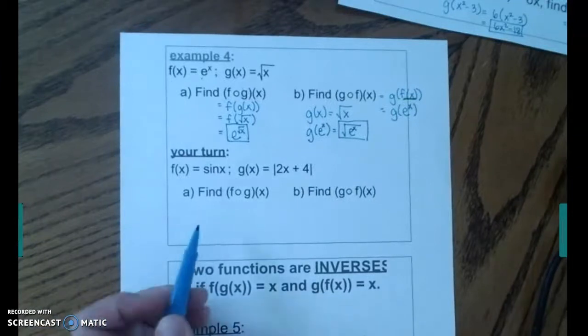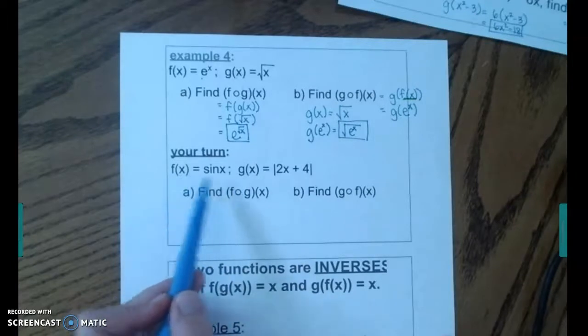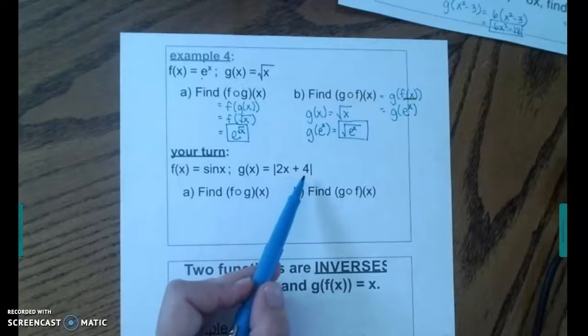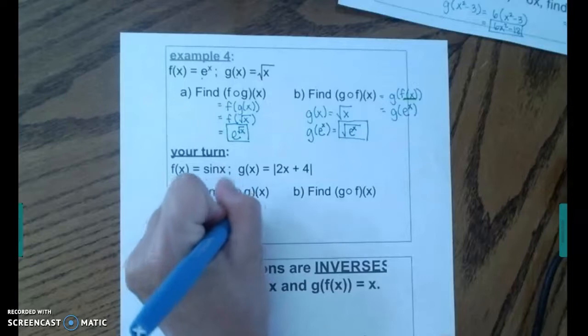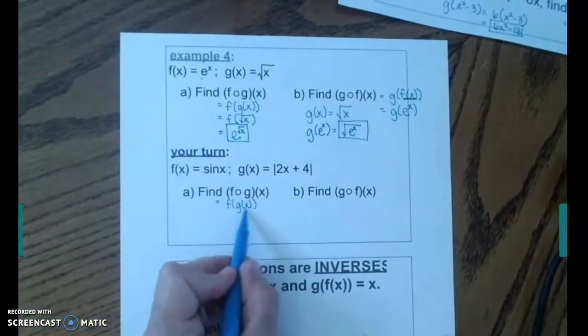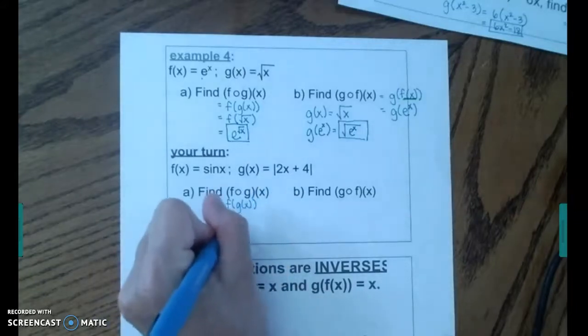So I know you have another your turn here. I'm going to go ahead and work it with you. It gives you the functions f of x equals sine of x and g of x equals the absolute value of 2x plus 4. So we're going to find f of g of x. So I'm going to ask myself, okay, what is g of x equal to? And I'm going to replace that first.